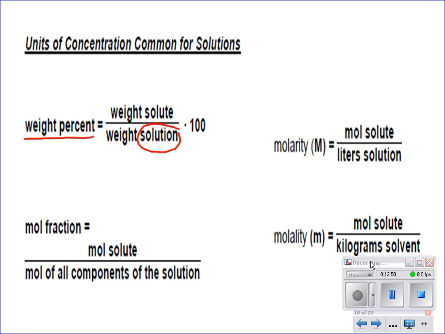So if we're saying 4% saline being sodium chloride, how much sodium chloride do we have in how much solution? 4 grams in 100 grams of solution total. Okay, so how many grams of water will we have in there then? 96. Anyway, it's important to realize that this is the weight of both the solute and the solvent. Okay, and then you multiply by 100 to get a percent.